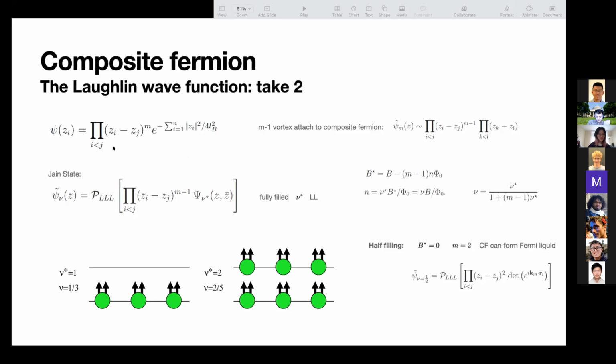The Laughlin wave function is this guy, and if we decompose this factor to the power m+1 into a power of m-1 and a power of 1, this second factor, times the exponential factor, just looks like a fully filled lowest Landau level wave function.